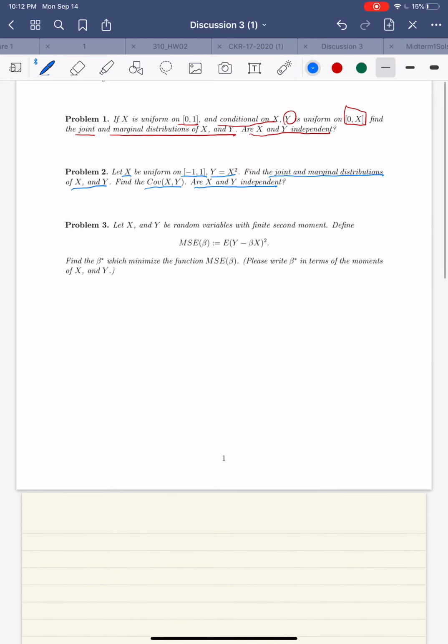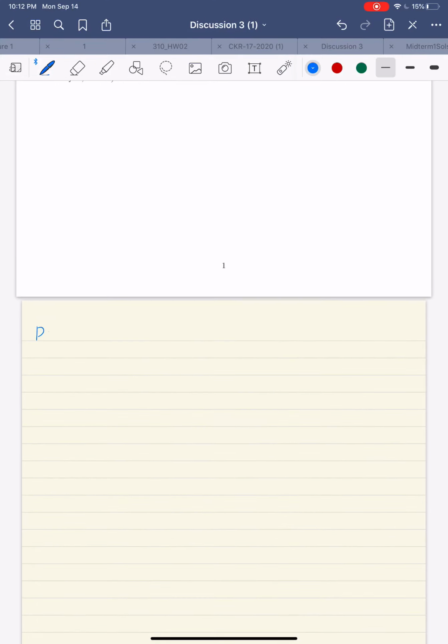So, problem 2. We have x uniform from -1 to 1, and y is equal to x squared. Obviously y is not independent of x because y is a function of x.